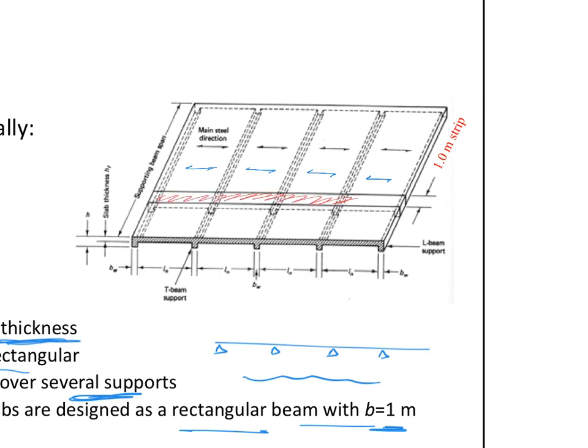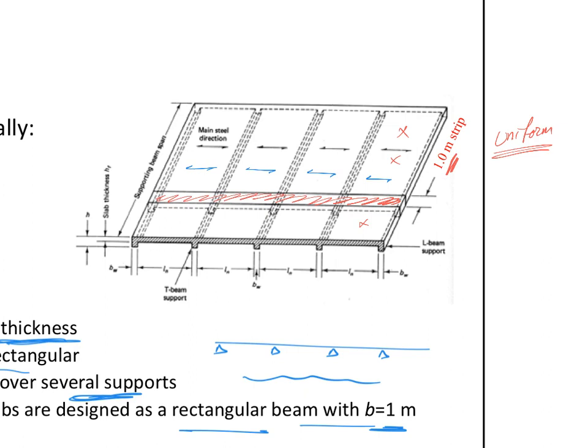I look at the span and take only one strip, and that strip is 1 meter wide, or 1 unit, whatever units you're using. I take 1 unit and run it through. Everything in here will be represented on that 1 unit because we are dealing with uniform load.